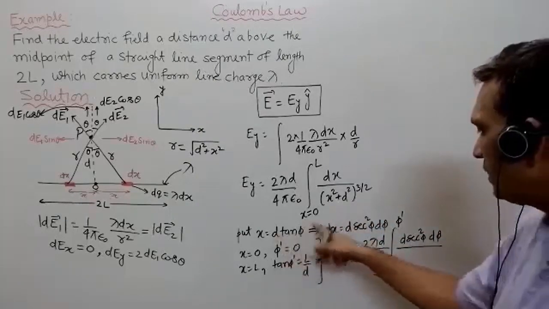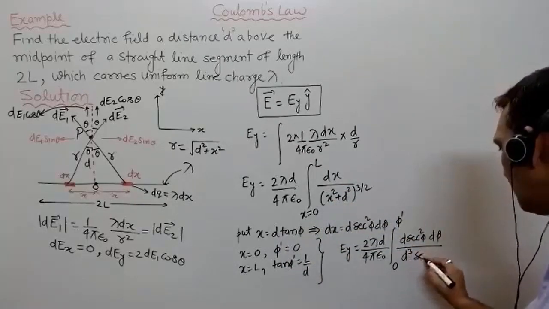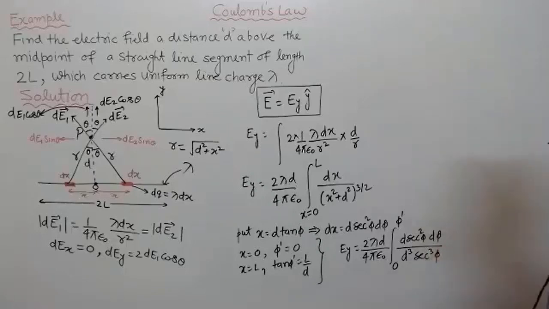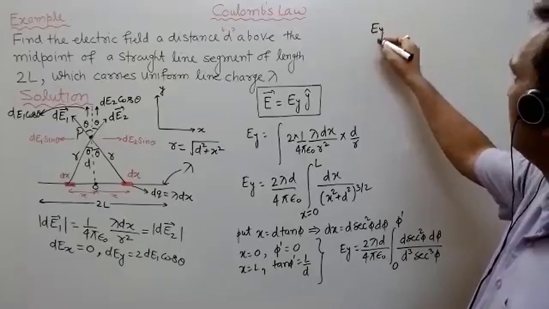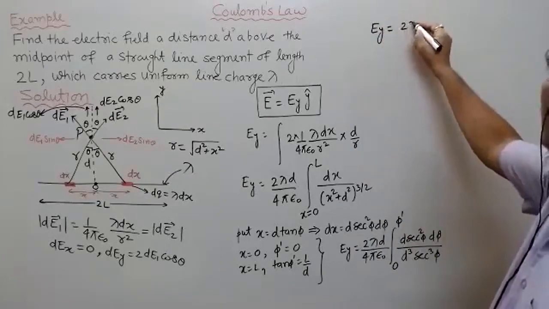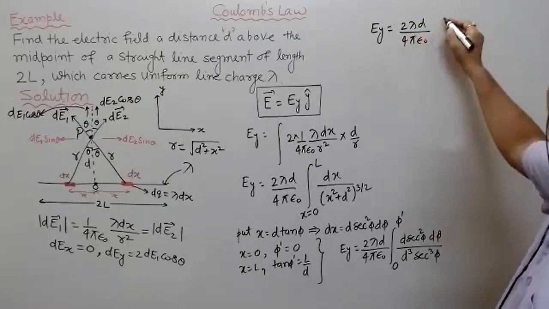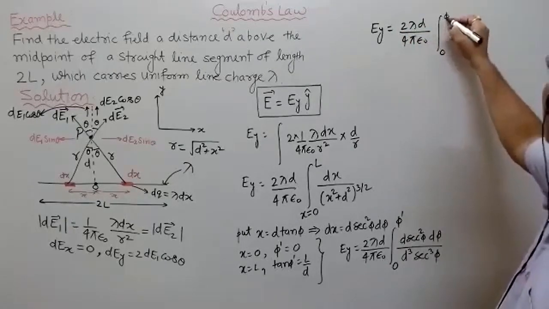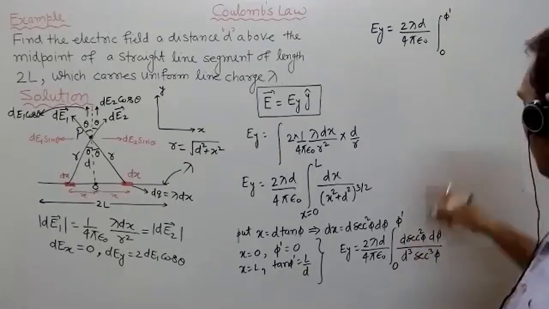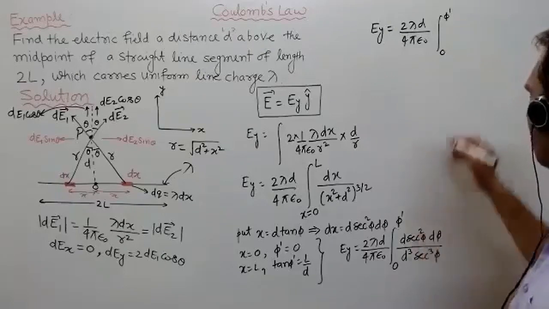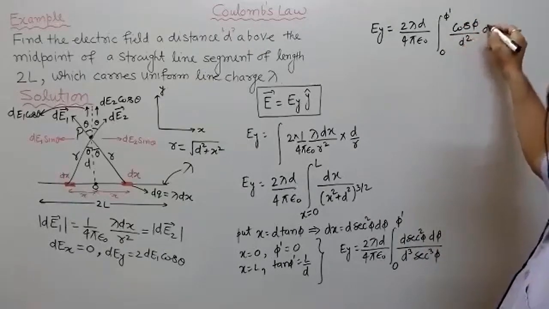This value, 1 plus tan square phi, is sec square phi, so that is d cube sec cube phi. So we have to integrate this. Ey will be given by twice lambda d by 4 pi epsilon naught, limit 0 to phi dash, and this will give you 1 by sec, which is cos phi, so this is cos phi by d square d phi.